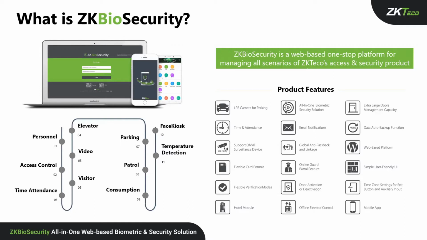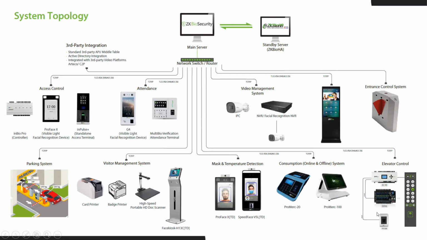Data auto backup function means you can assign timing for the auto backup. Web-based means you can connect from multiple locations. Simple and user-friendly UI. Time zone settings for exit button and auxiliary, and mobile applications.